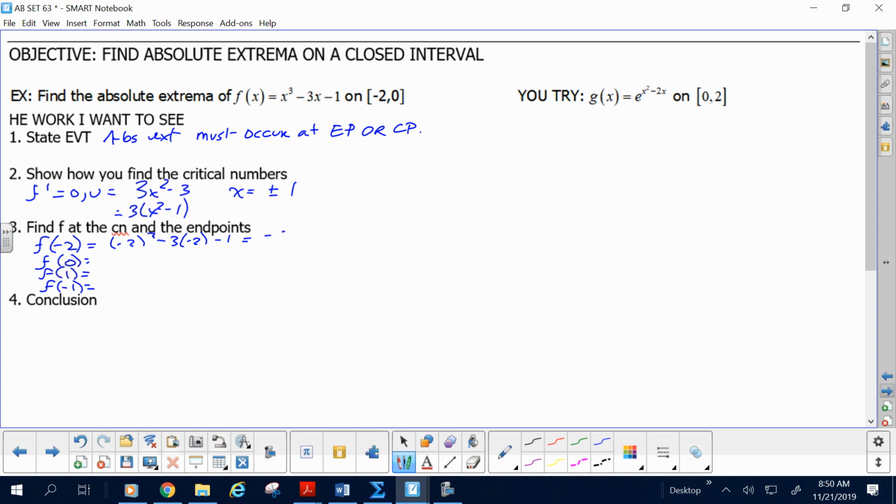You get -8 plus 6 minus 1, which is -3. F at 0, what do you get there? -1. F at 1, 1 minus 3 minus 1 is -3. And f at -1 is -1 plus 3 minus 1, which is 1.